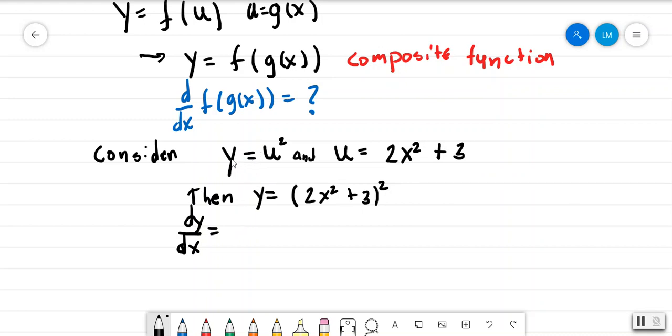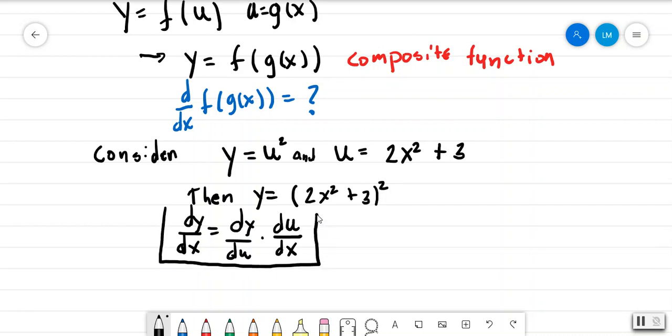You take the derivative of y with respect to u, so you end up with dy/du. Then you take the derivative of u with respect to x, so that gives you du/dx. Now, interestingly enough, when we multiply these two, this is going to give us our derivative of y with respect to x, but the only issue is that you would end up having to substitute respectively.